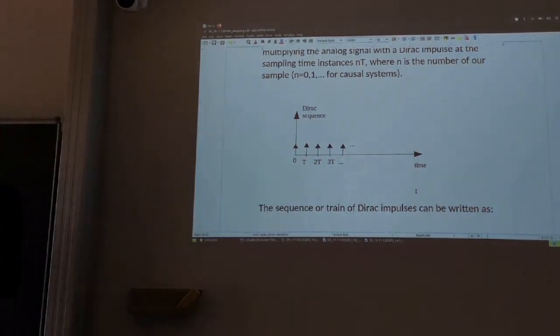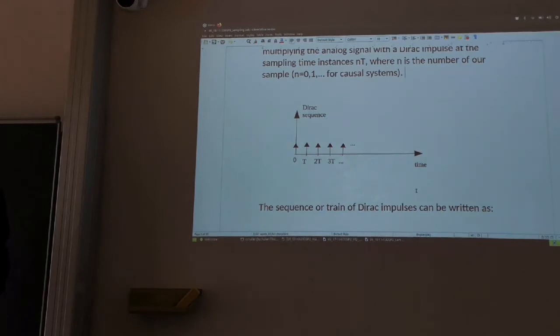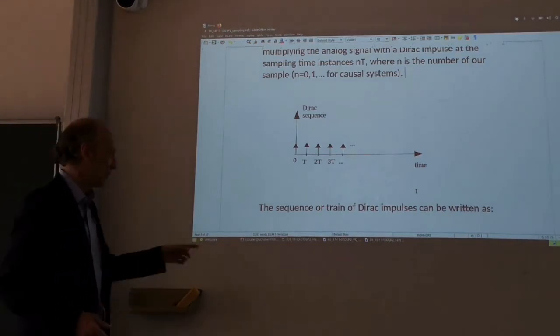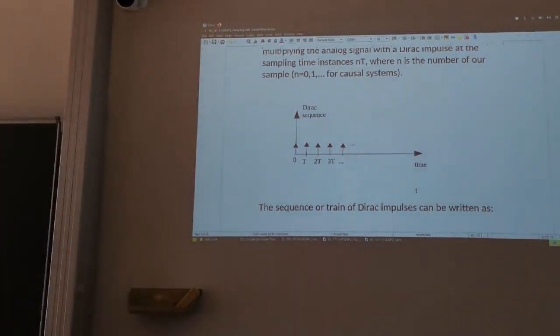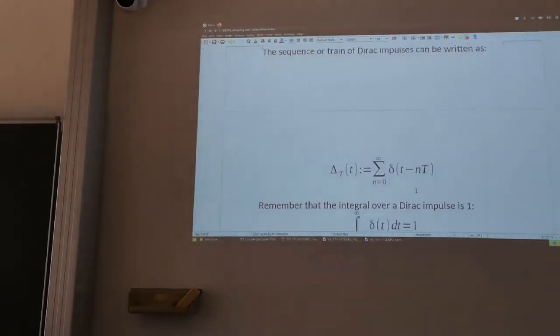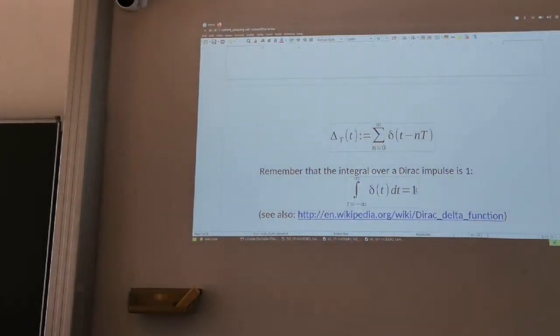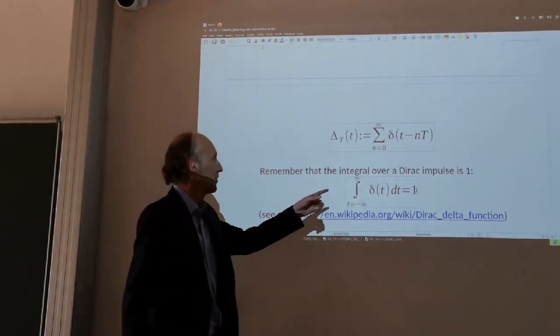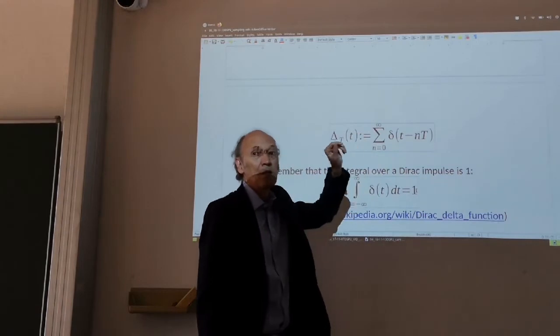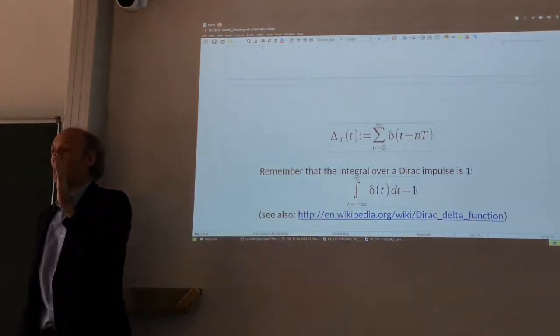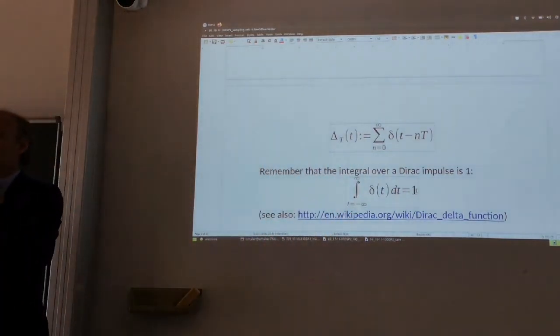Does everybody remember what a Dirac pulse is? What's the integral over a Dirac pulse? Oh, very good. So the sequence or train of Dirac impulses can be written as the following sum. So the delta here is our Dirac impulse, and delta of t has the Dirac pulse at t equals 0.